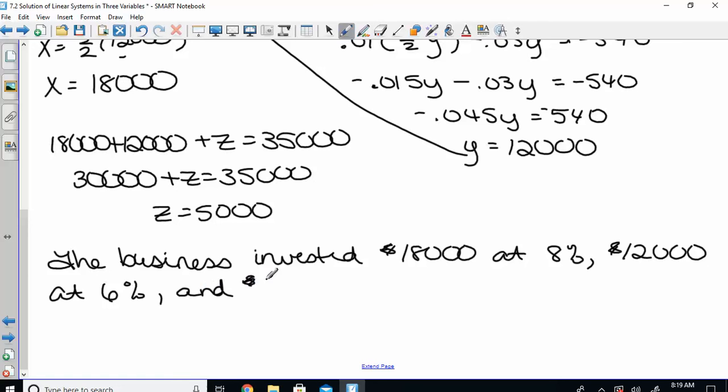And $5,000, was that one 9%? So same way we set it up with two variables, just a little bit longer to solve.